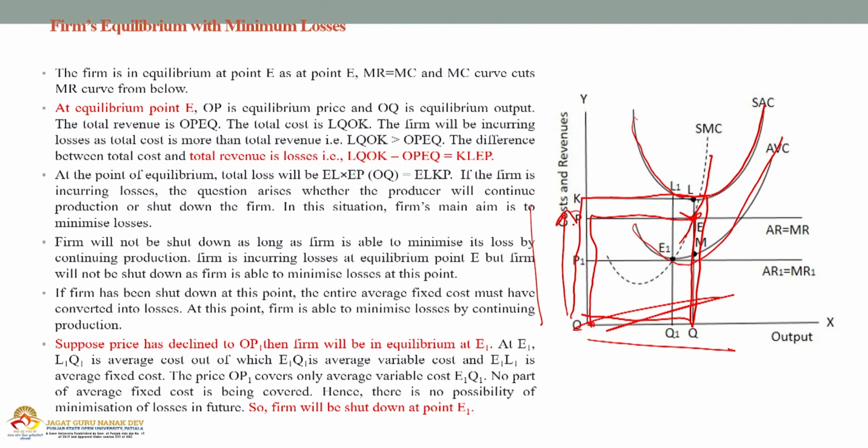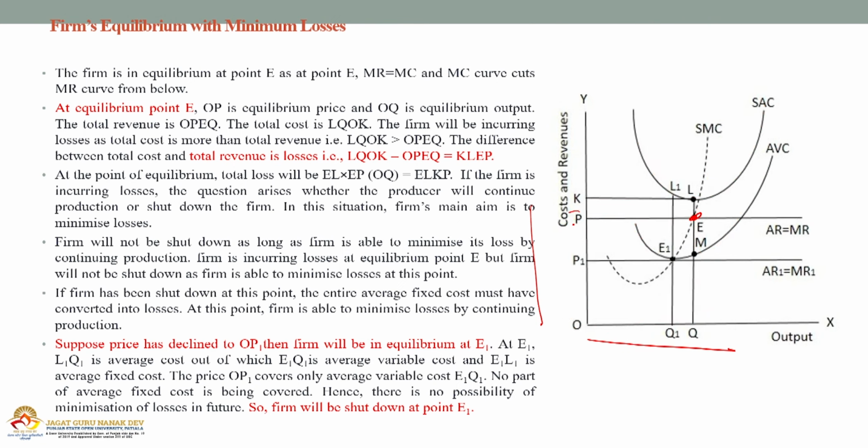That difference is depicted by this portion, KLEP. This is the loss area. So these are the losses which a firm is earning. At this point, total loss will be EL into EP, that is ELKP, that I have already highlighted.